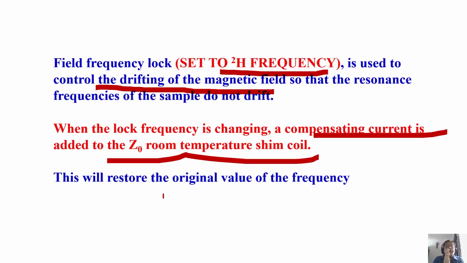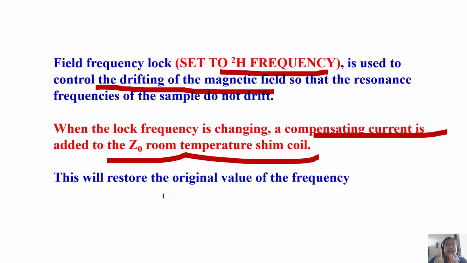So you will have uniform magnetic field all across the sample volume, so that all the nuclear spins will sense the same magnetic field, and there is no distortion of the line shapes, no additional broadening because of field drift. If the field drifts enormously, then at different times the nuclear spins see different magnetic fields.